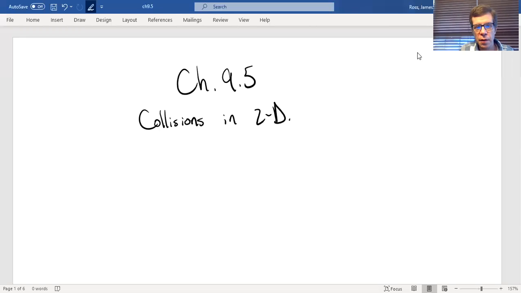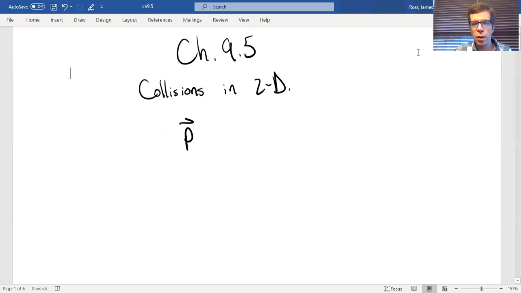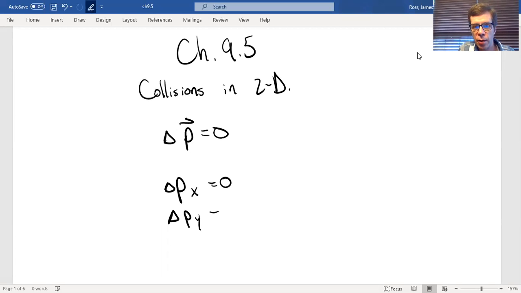So in the case of 2D, we know that momentum is a vector. So when we talk about conservation of momentum, that means that momentum is conserved in the X and the Y directions for our 2D case.